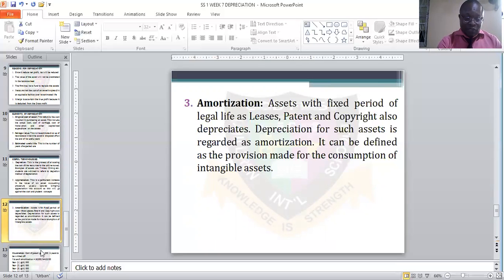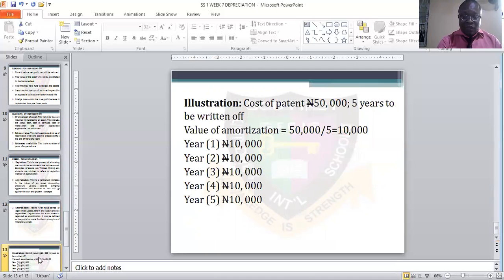Then let us look at an example. The cost of a patent is 50,000 naira. This was written off over 5 good years. How do we calculate this? It's very simple. The value of amortization is 50,000 naira divided by 5, which gives 10,000 naira for each year.